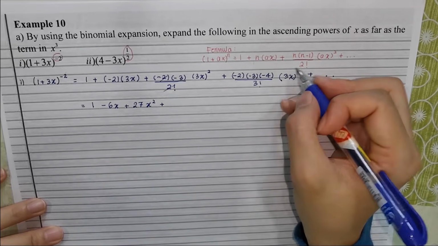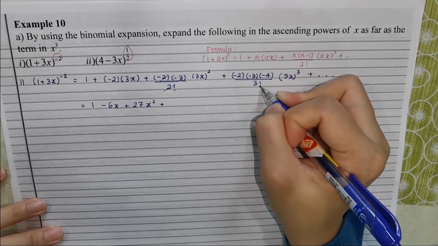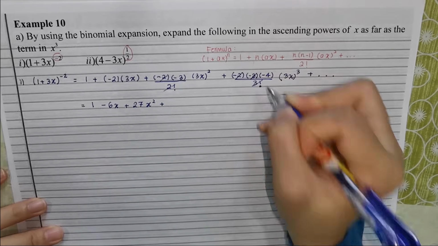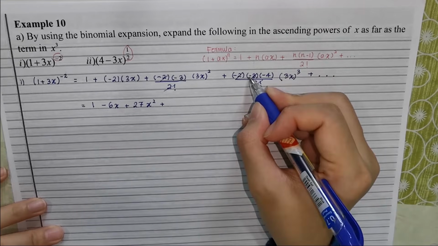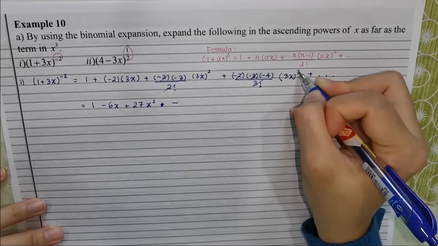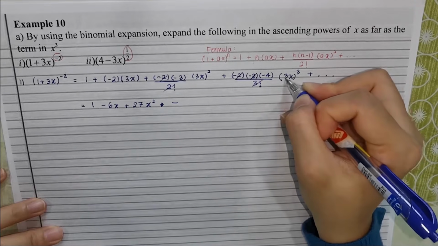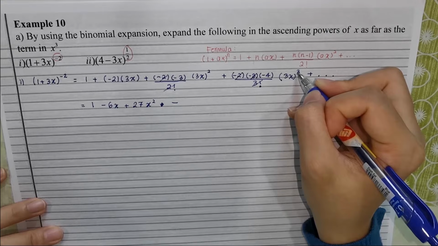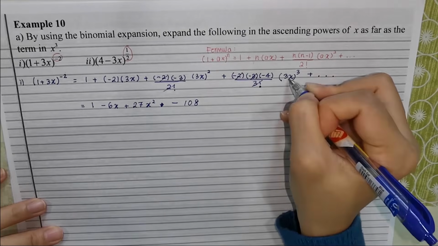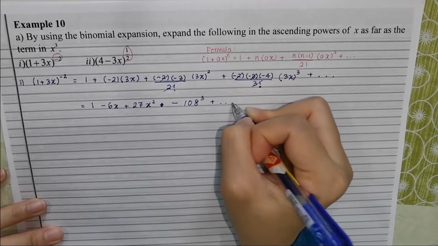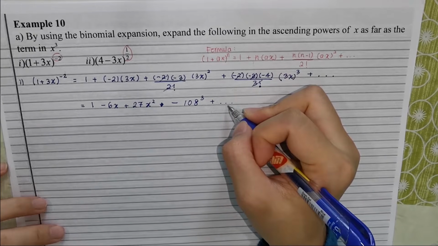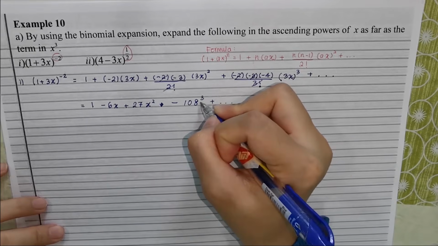For the x cubed term, 3 factorial means 3 times 2, which is 6, cancelling out with the 3 factorial. Negative times negative is positive, and then we have a negative sign here. 3 cubed is 27, and 27 times 4 is 108, so -108x^3. Please be careful with the positive and negative signs. This is the expansion up to x to the power of 3.